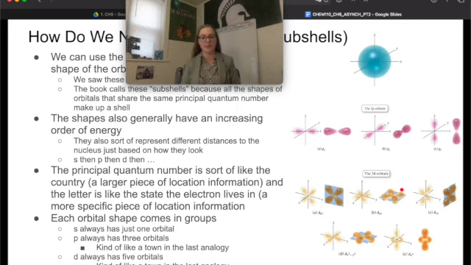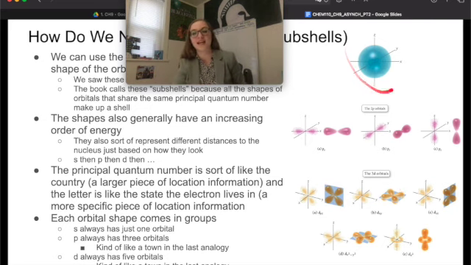It doesn't tell you a whole lot, but it at least tells you what country I'm in. The letter is like the state of the union the electron lives in. So it's a more specific piece of location information. If I tell you I'm in Illinois, you have a higher chance of finding me than if I tell you I'm in the United States.